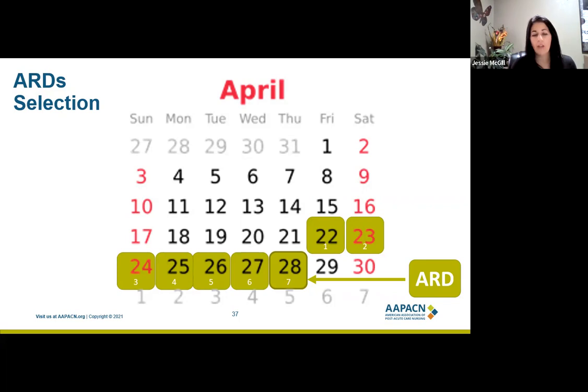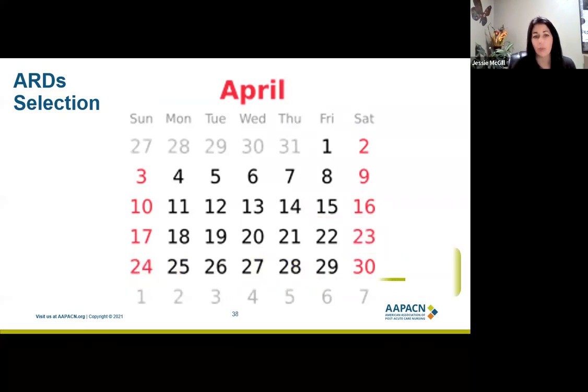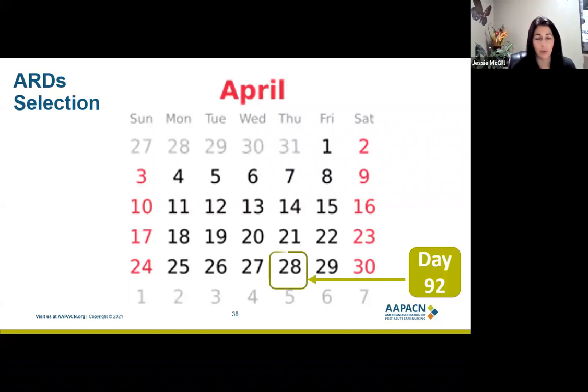So for a majority of the things on the MDS, you have the 7-day look back window, and that's why I highlighted that here. However, if day 92 is also April 28th, so I'm setting my ARD on the very last day I could possibly set it, that only gives me that 7 days. I have no wiggle room.